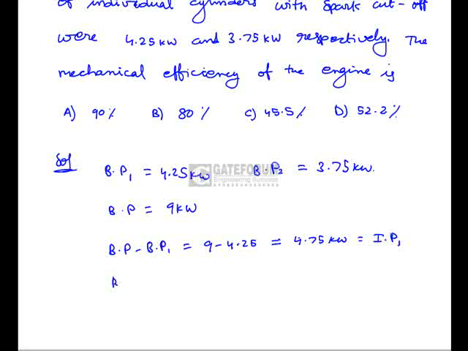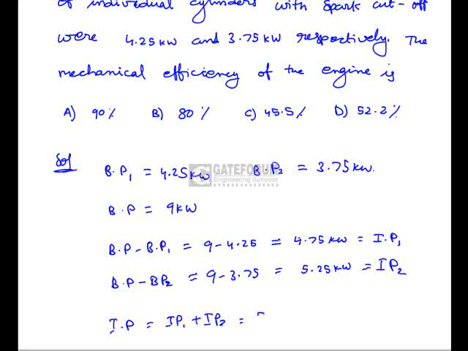And now, if you subtract BP2 from the BP, then which gives 9 minus 3.75, which is equal to 5.25 kilowatts, which is equal to indicated power of the second engine. Now the total indicated power is equal to IP1 plus IP2 and is equal to 5.25 plus 4.75, that is 9 kilowatts. Sorry, that is 10 kilowatts.